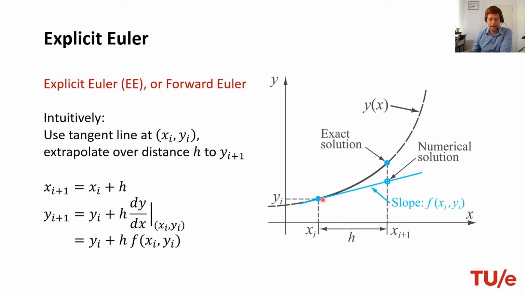So that is what's happening graphically over here. And you can see that this gives an approximation. So this numerical solution is an approximation to the exact solution. And also note that if the true solution were a linear function, so a straight line, we would actually be exact. But in a general case, we are not exact, and we should choose h to be rather small, such that this is a good approximation.